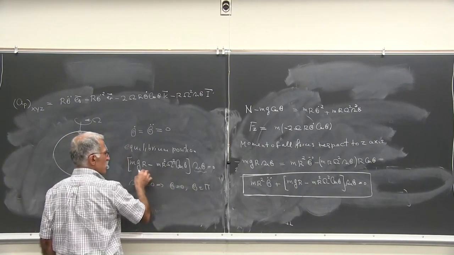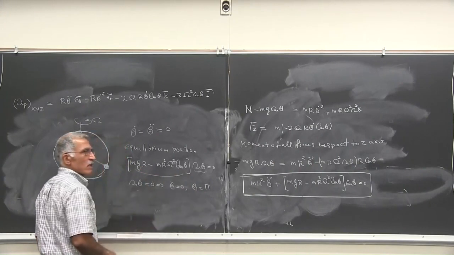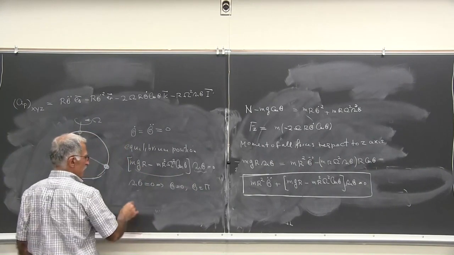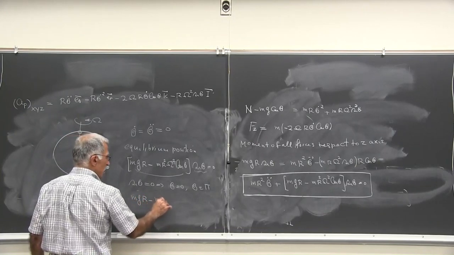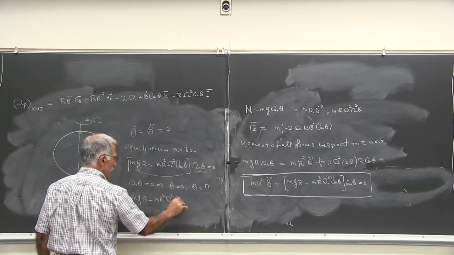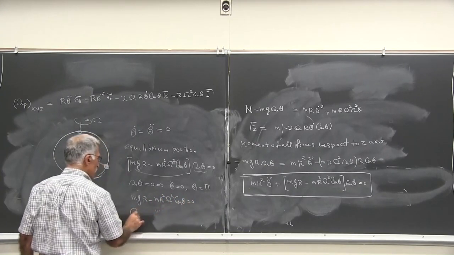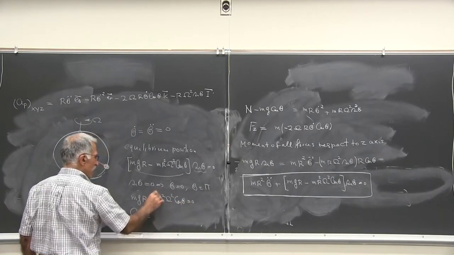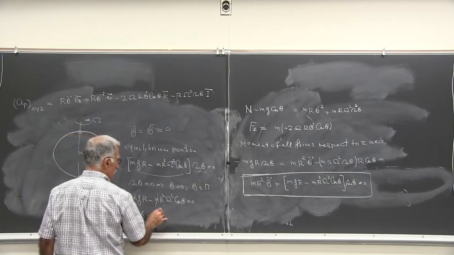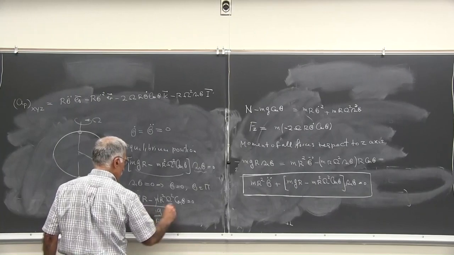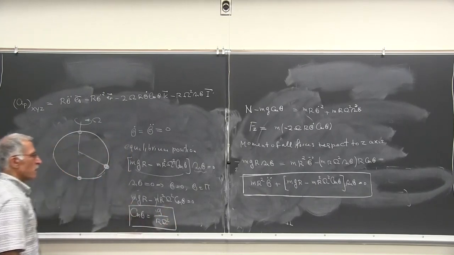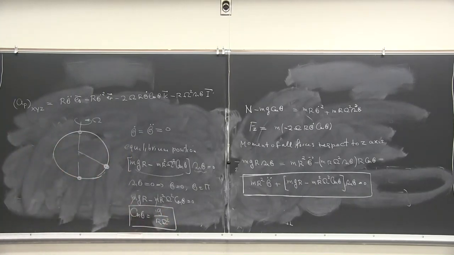You have another situation that this is equal to 0, and that means mgr minus mr square omega square cosine theta equals 0, or cosine theta is equal, m and m cancel each other, g over r omega square. As you see, if the omega gets very large, what happens to cosine theta?